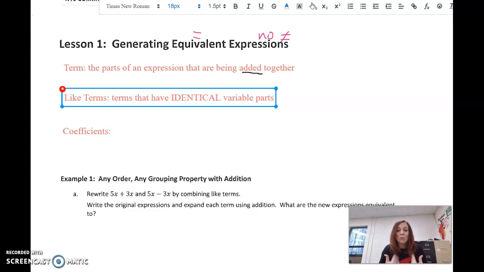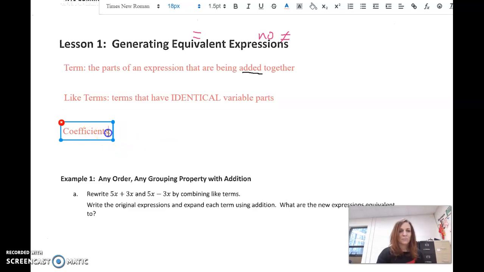They're numbers we don't know. So we have to have a symbol that represents that number we don't know. That's a variable. Okay? So like terms are going to have identical variable parts. Identical means it can't be an X and a Y and say they're both letters. No. Like terms are going to be the exact same variable parts. X and an X. A Y squared with a Y squared. And again, as we do examples, that'll make sense.